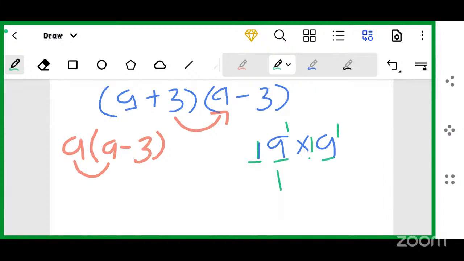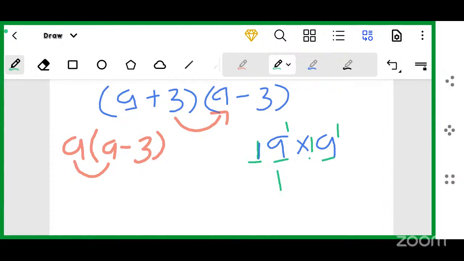Do you know the exponent rules? Ma'am, may you please repeat? Do you know the rules of exponents? Oh, yes, ma'am. I do know that.